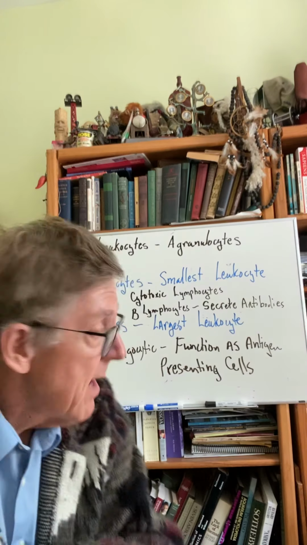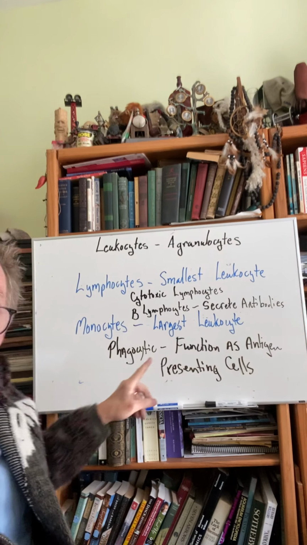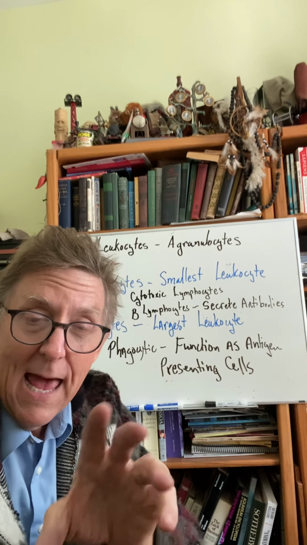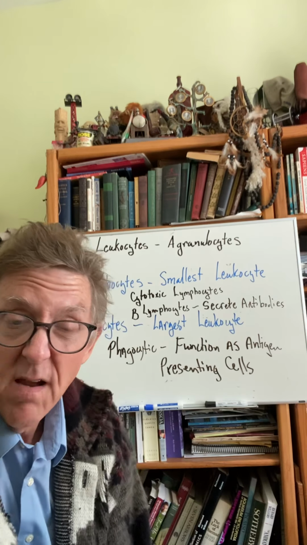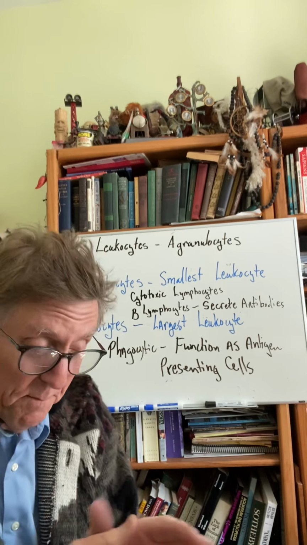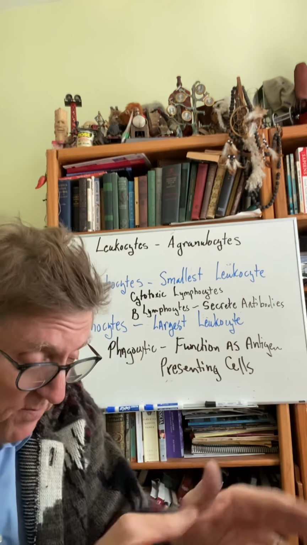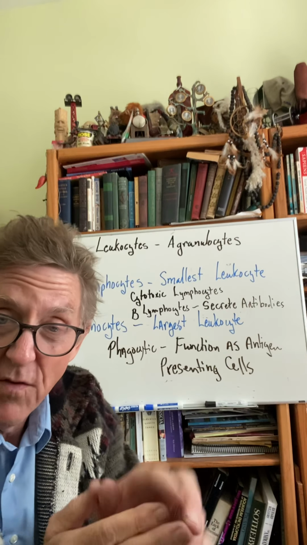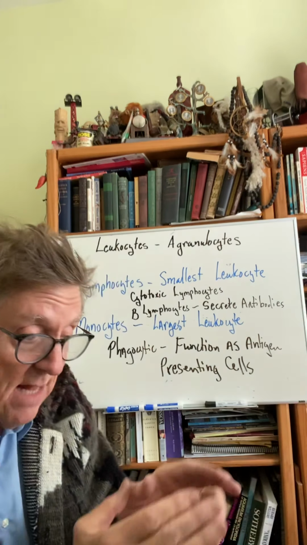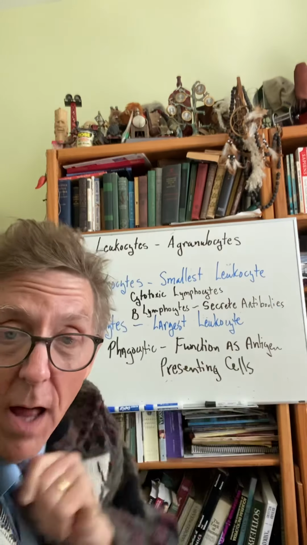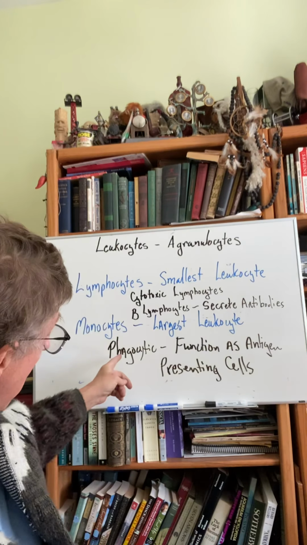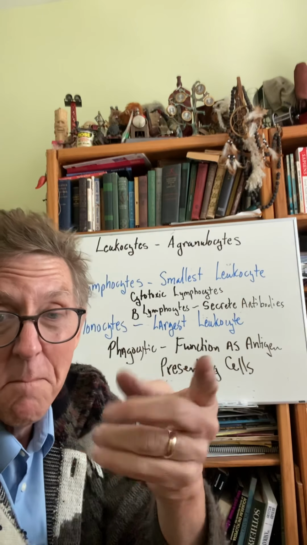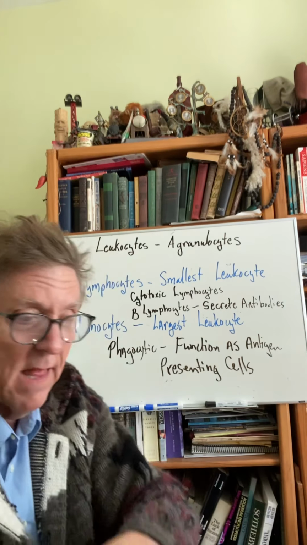But then they do this remarkable thing. They're going to function as an antigen-presenting cell. Not only have they killed the thing that doesn't belong, they're going to chew it, digest it, take its surface antigens, and put them on a certain spot on the surface of this cell, this monocyte, which will become what we call a macrophage.